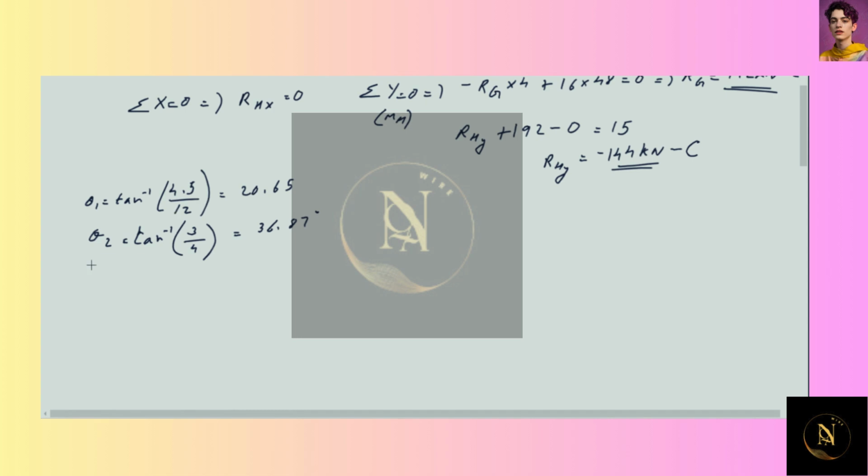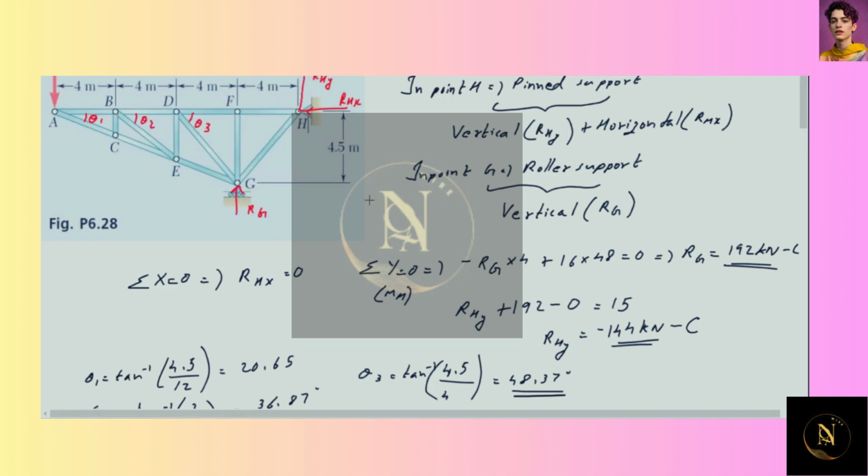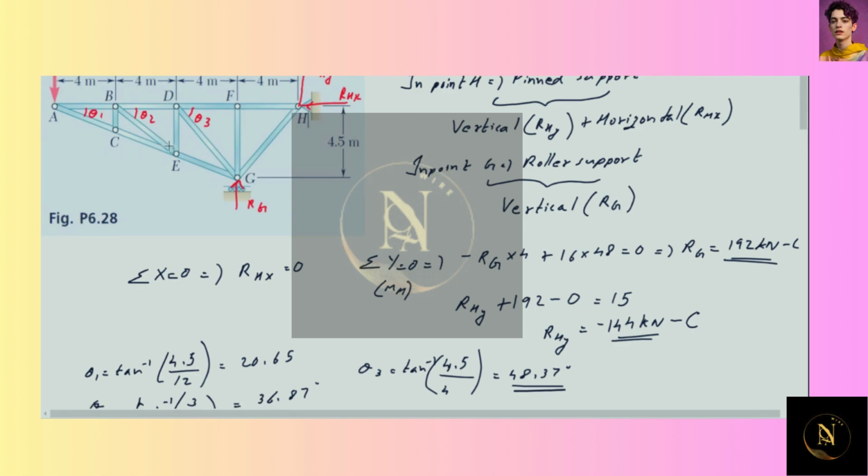Now theta 3 will be equal to tan inverse of 4.5 divided by 4, that will be equal to 48.37 degree. Theta 2 is 4.5 divided by 8, and theta 1 is 4.5 divided by 12. Now we found the angles.